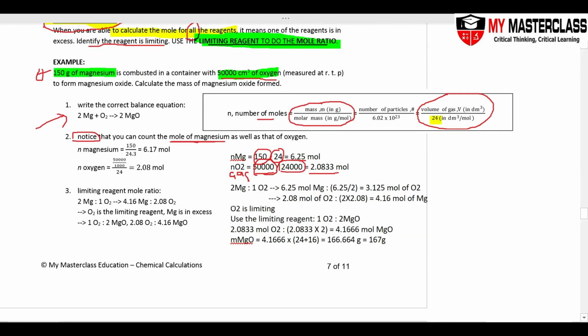What does this mean? In your balanced equation, 2 Mg is to 1 O2. If I have 6.25 moles of magnesium, it will react with 3.125 moles of oxygen.